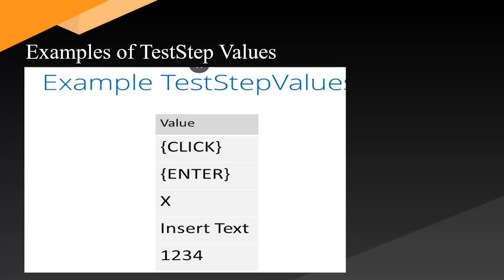If you type TEXT as ENTER in curly braces, that means you would like to perform a keyboard enter operation. We have used X for any link or button to be entered. If you want to use any hard-coded text, you insert the text that you would like to pass on. In the same way, if you want to pass any numeric value, you can just type the numeric value in the value column so that Tosca can enter the same value in the application.